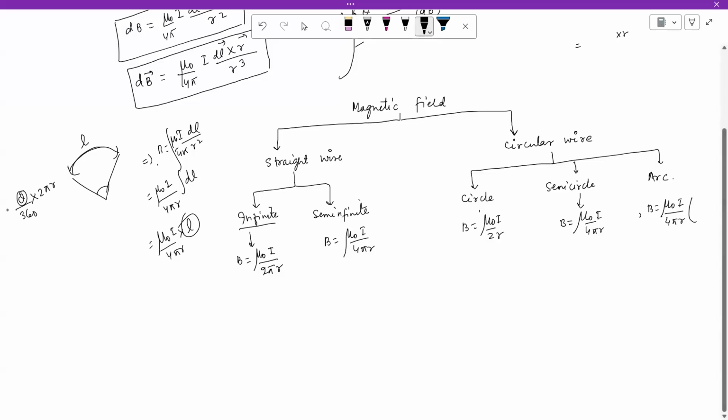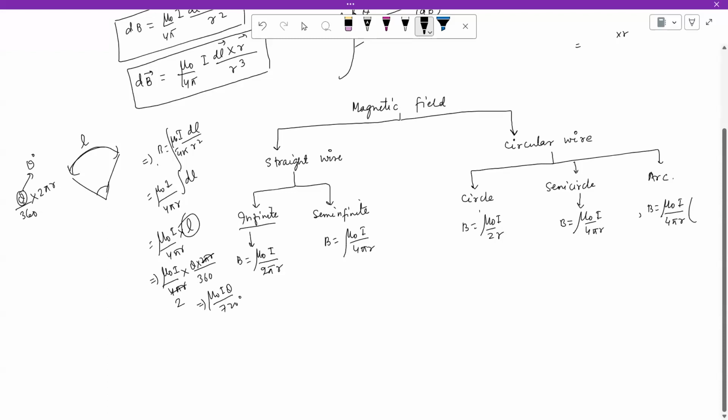Remember, this theta is in degrees. So this would be mu naught I by 4 pi r square, and then theta into 2 pi r divided by 360. So 2 pi r and then this is 2, so this is mu naught I theta by 720, with theta in degrees.